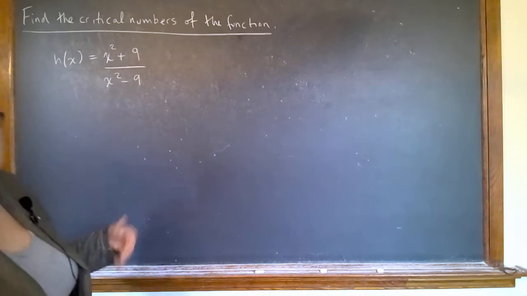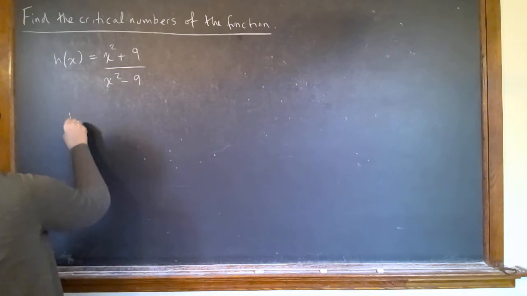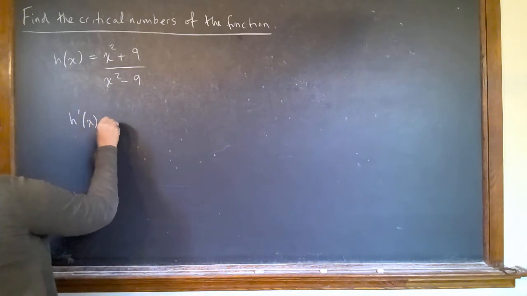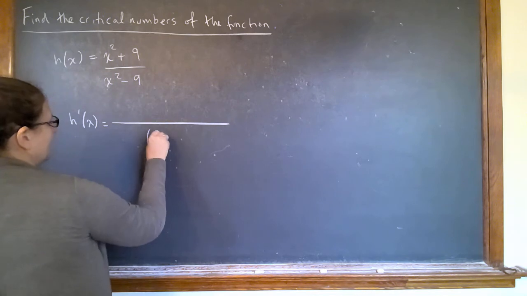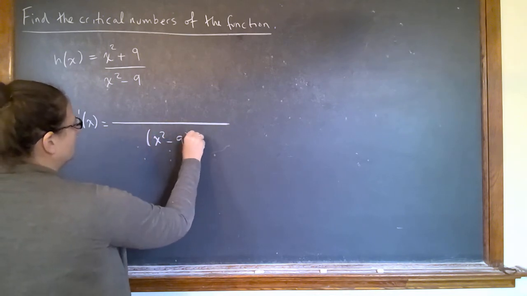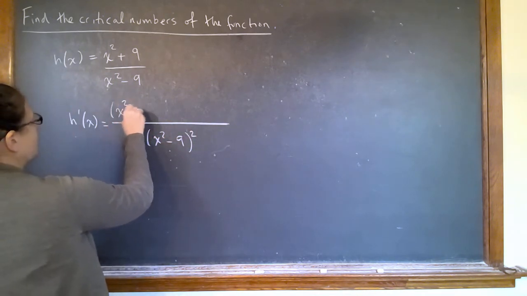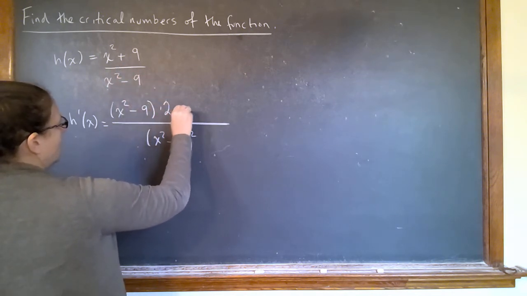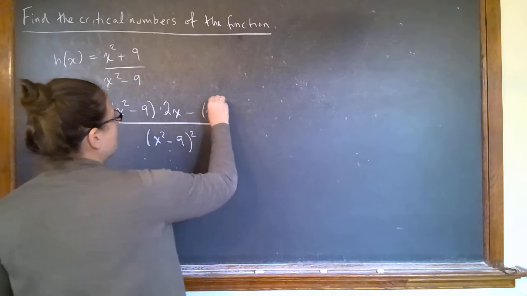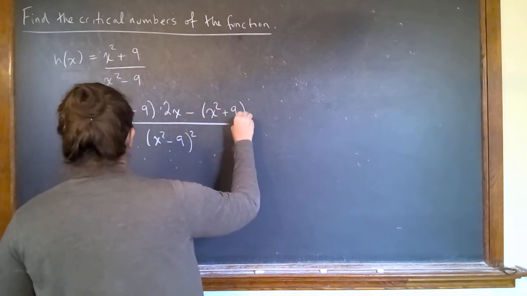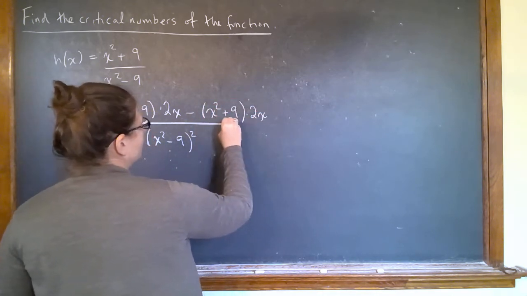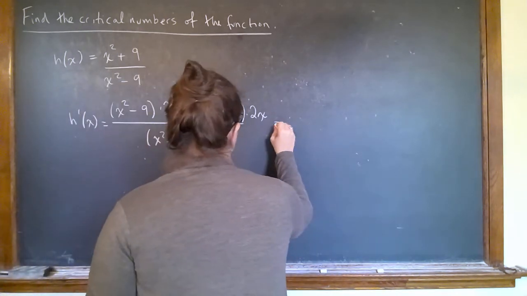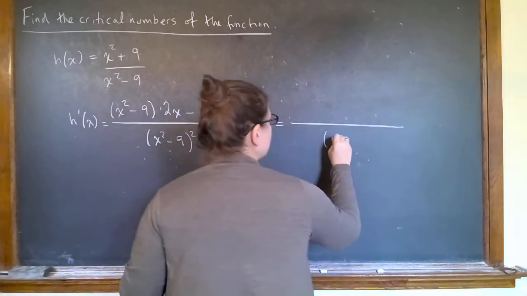All right, so I'm just going to take the derivative, right? And I have to use the quotient rule, of course. So the bottom times the derivative of the top minus the top times the derivative of the bottom, all, of course, divided by the bottom function squared.